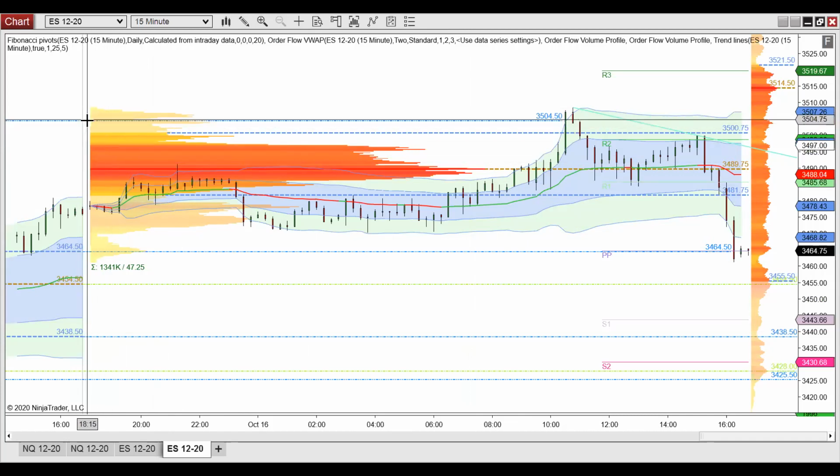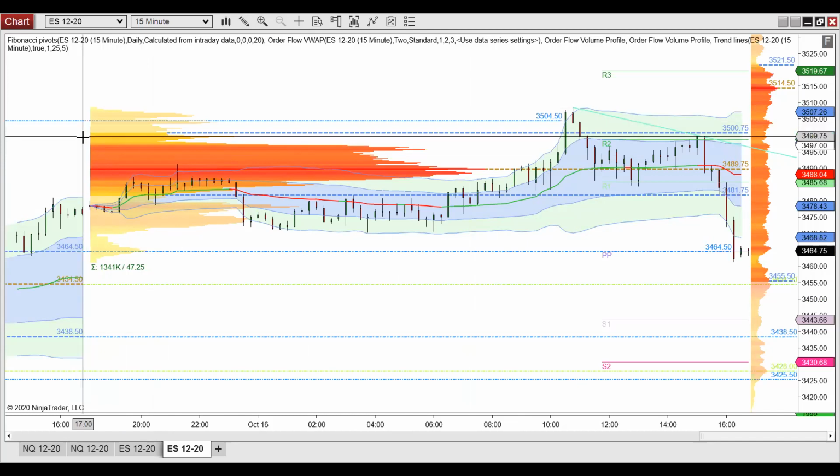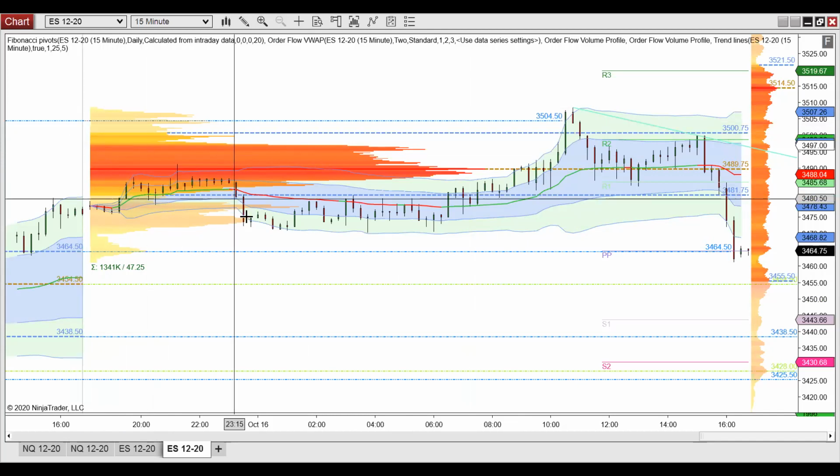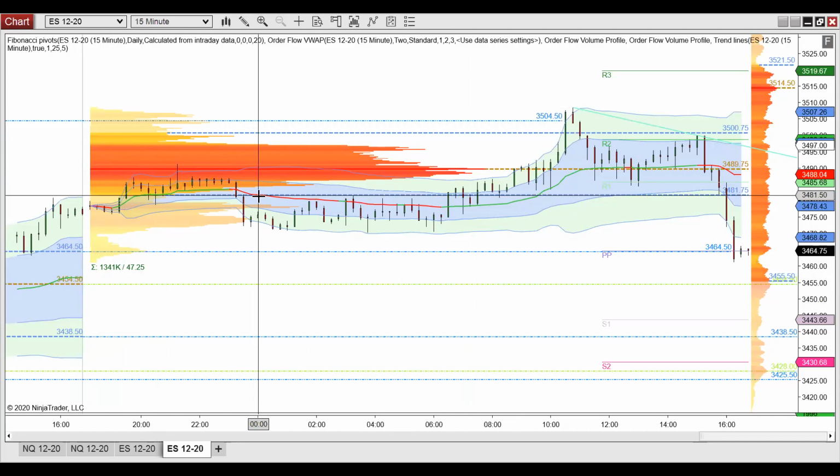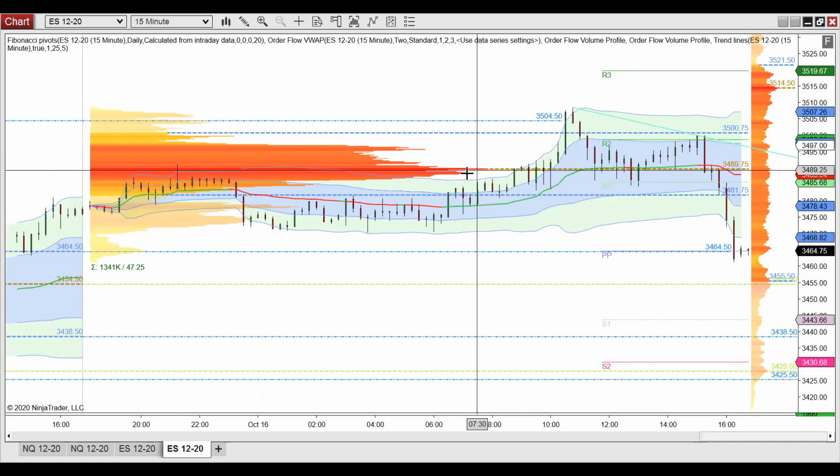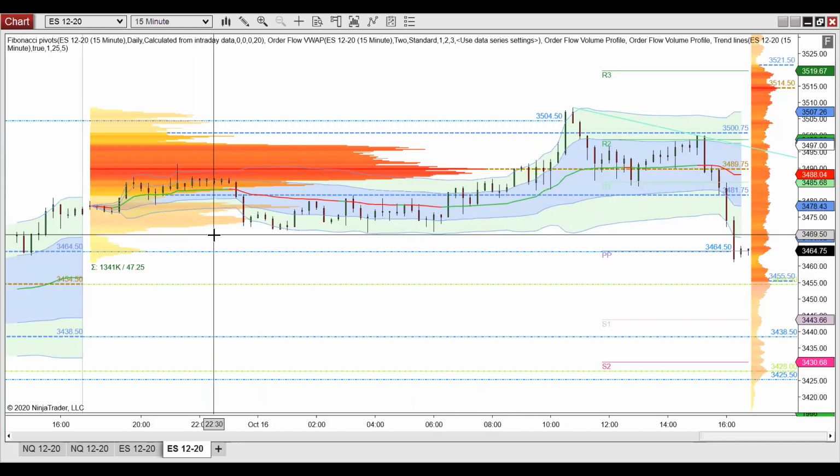So if I'm pointing this way, this cross here, that is a profile high that happened recently. This big dash line, that's a profile high, and this is a point of control on this particular day.